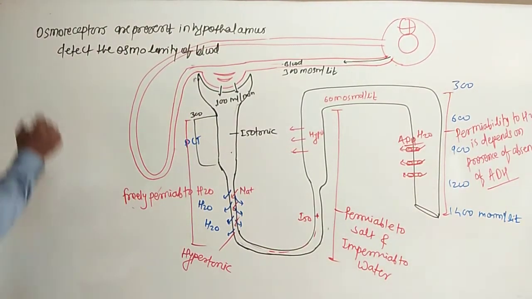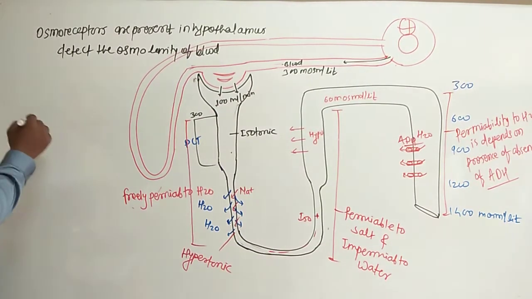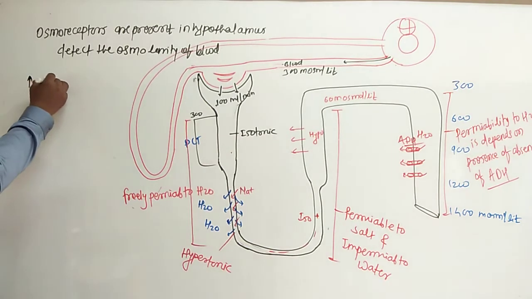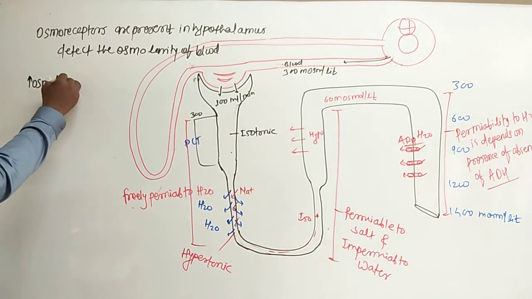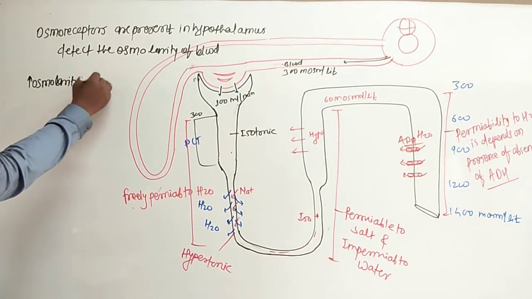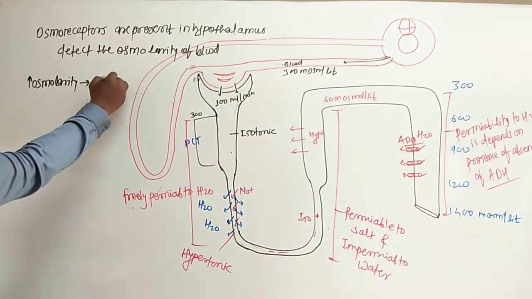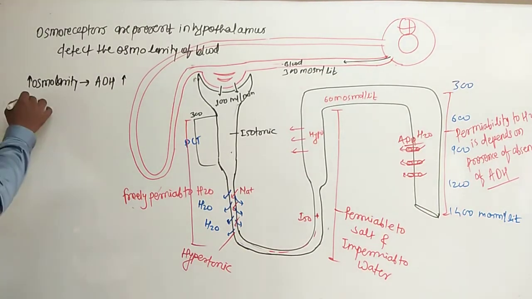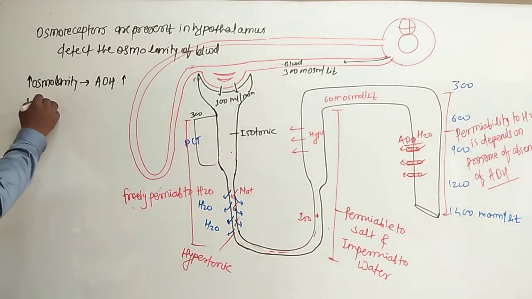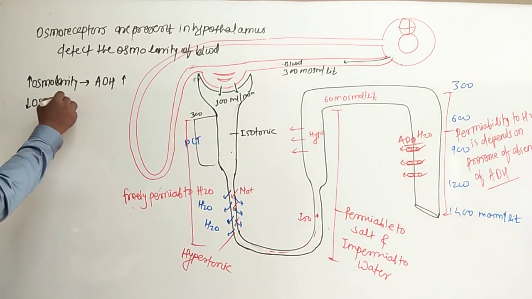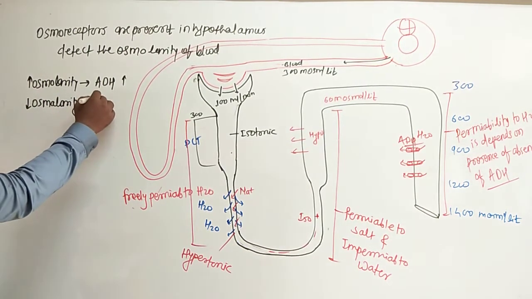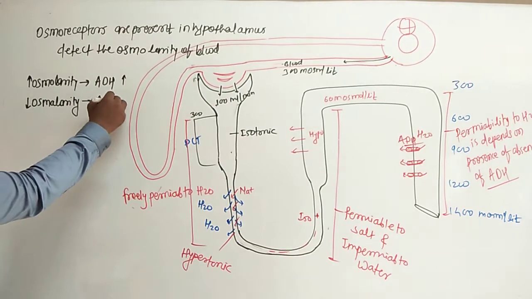Next point, if blood is hyperosmolar, or blood osmolarity increases, then ADH secretion increases. And if the osmolarity of blood decreases, then secretion of ADH is decreased.